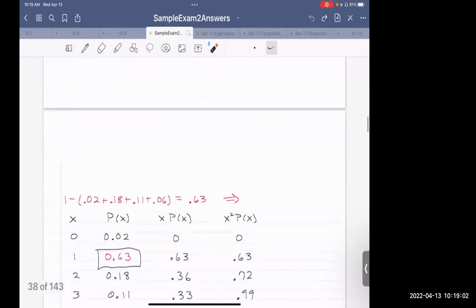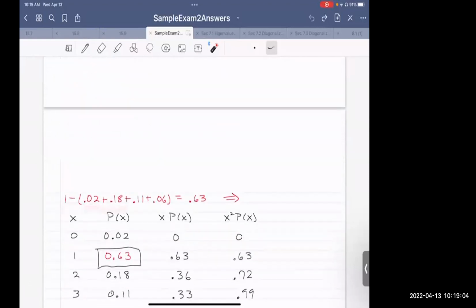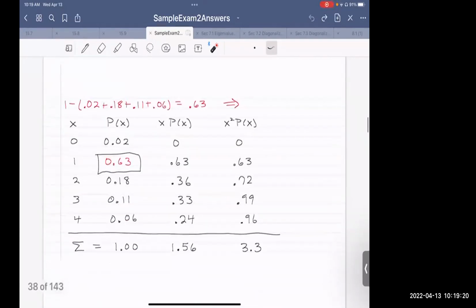And so let's do 1 minus 0.02 plus 0.18 plus 0.11 plus 0.06, 0.63. We also want to find the standard deviation for this distribution. So I must attach 2 additional columns to my distribution, the x p of x column and the x squared p of x column.